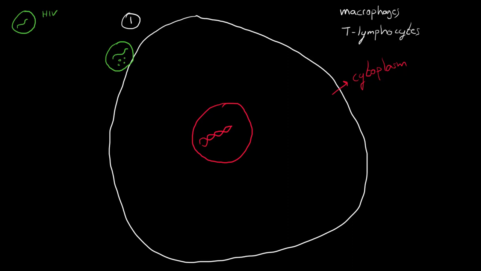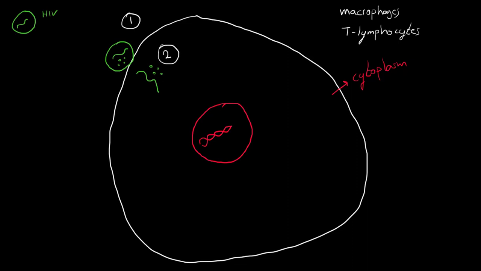Upon attachment and upon recognition of these two cells, the contents of the HIV are going to be released in the cell. So the RNA, together with the enzymes, is going to enter the cell. So this is step 2.